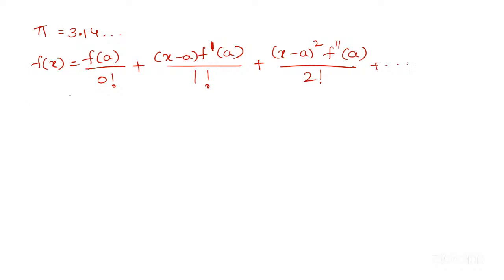Even the exponential function e to the power x can be approximated by 1 plus x plus x square by 2 factorial plus x cube by 3 factorial and so on. Using the Taylor series, many other functions like sine, cosine and tan can be approximated. Clear?